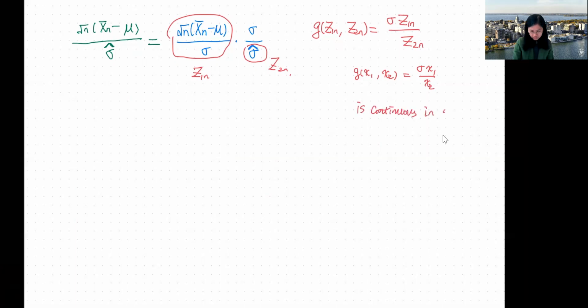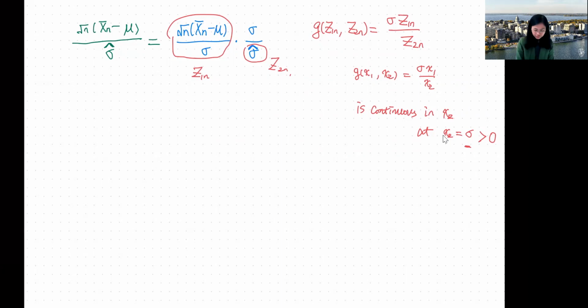And the second argument equals sigma, because sigma is the standard deviation of the population. And for the population, we always assume that it has positive variance, therefore positive standard deviation. So it's continuous in the second argument at the point sigma.